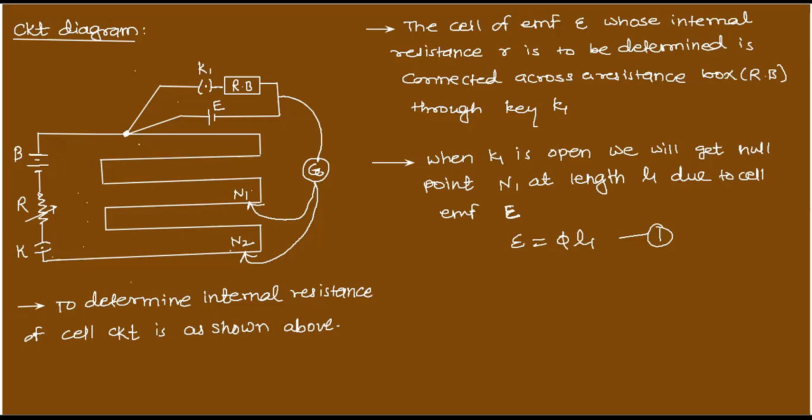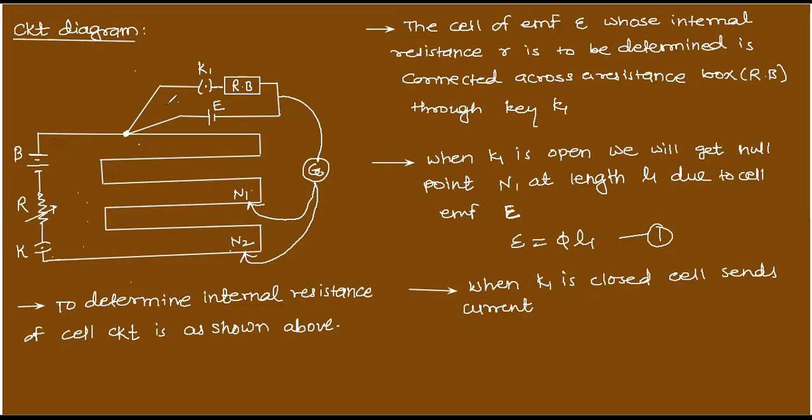Okay, finished? So next point, see now, when K1 is closed, what happens? When K1 is closed, then the cell sends current through the resistance box R, right?